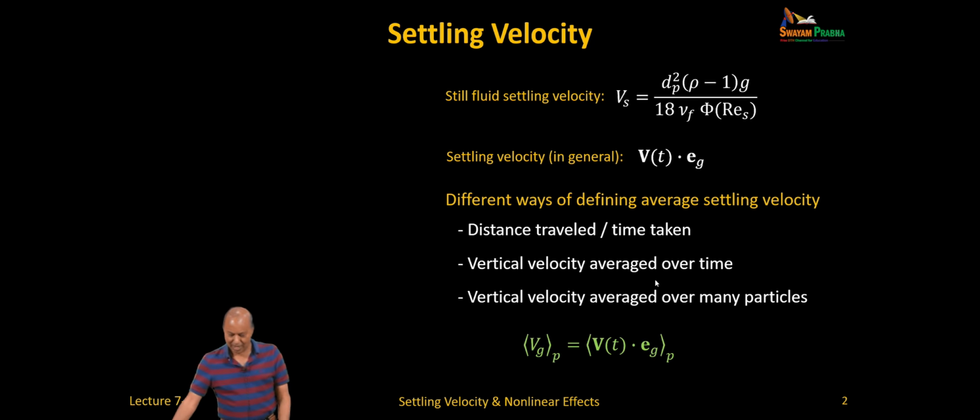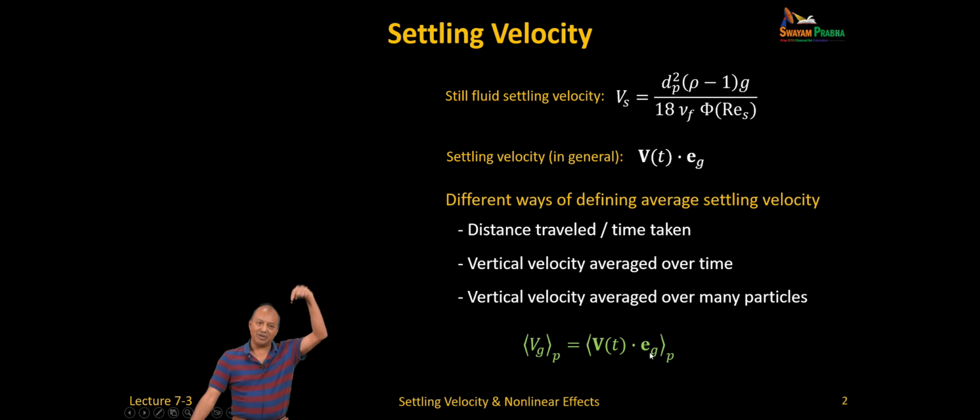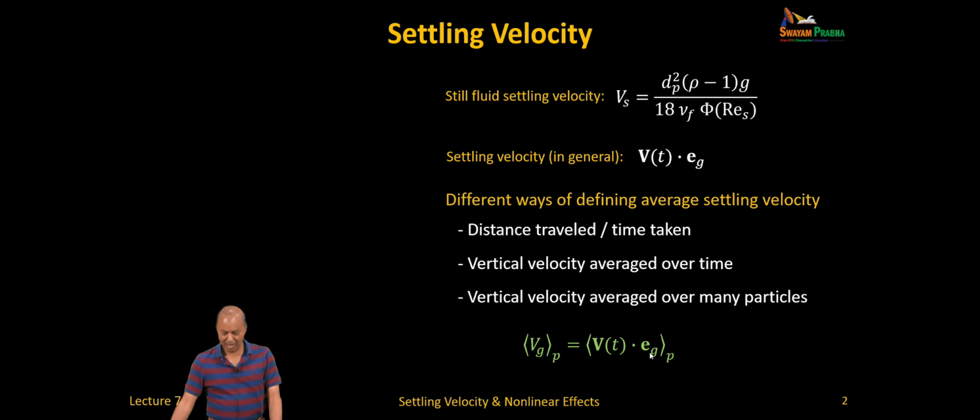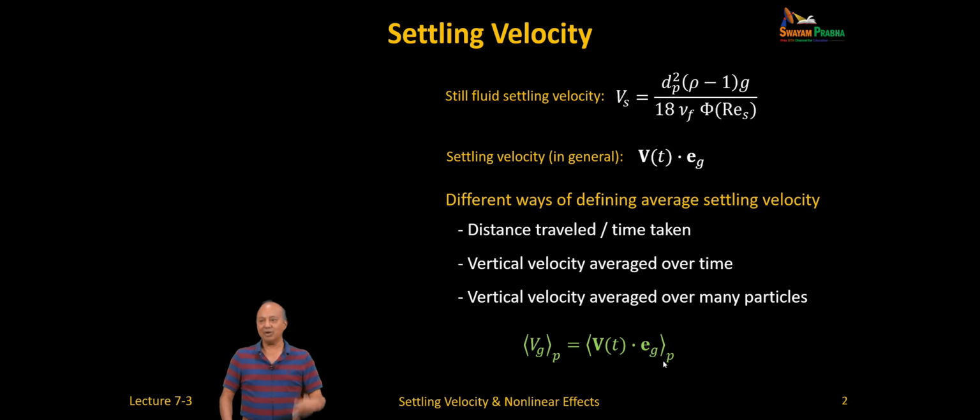In this case, you take the particle velocity, measure it, and calculate the vertical component. Eg is nothing but the unit vector in the gravity direction. Then you average, over many particles, or over time for a single particle, or over time and over ten or twenty or a dozen particles.